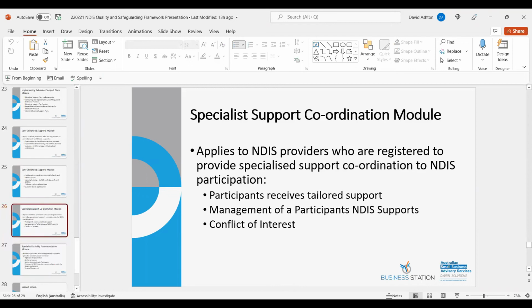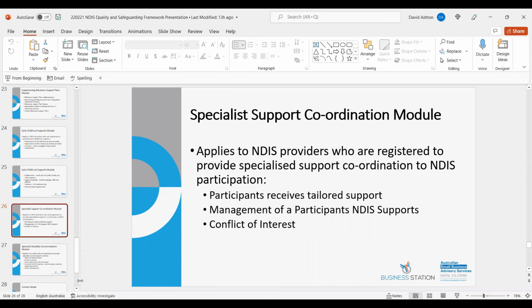So the final supplementary module, the last one, is there's two more modules. The second last one is a specialist support coordination module.